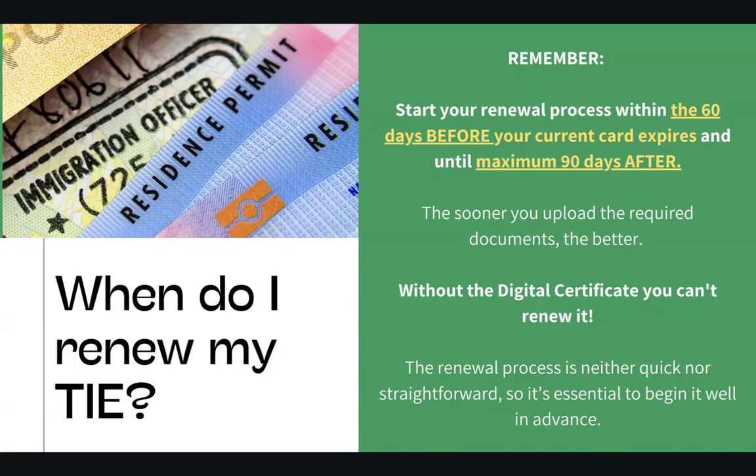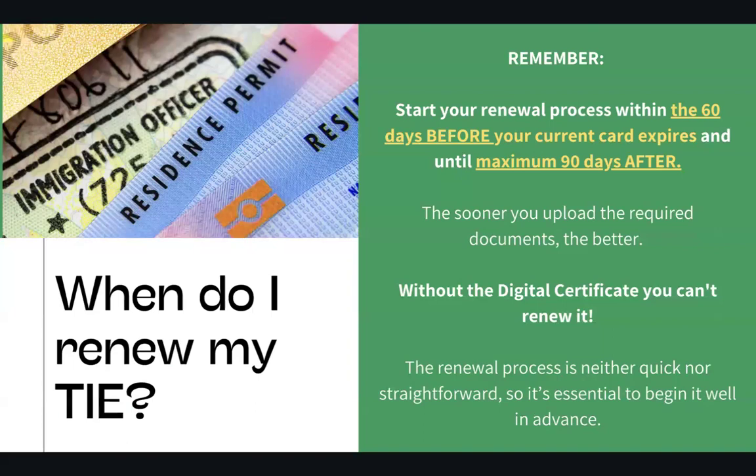But the sooner you upload your requirements and your documents, the faster you get your card. It's also really important that you have your digital certificate, because without it, you can't renew and you won't be able to access the platform Mercurio.